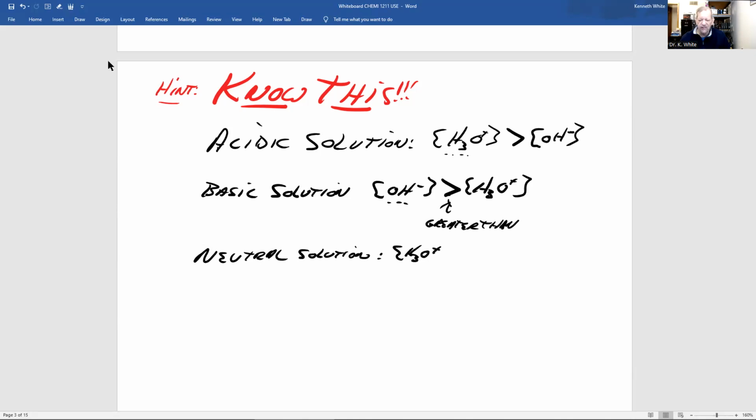For a neutral solution, the hydronium ion concentration, H3O plus, is equal to the hydroxide ion concentration.